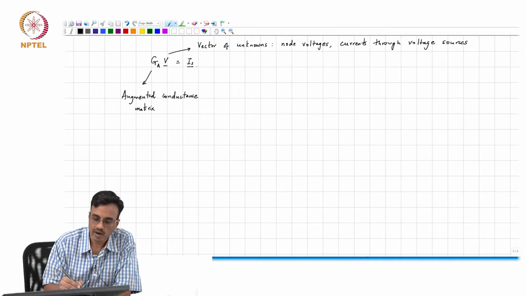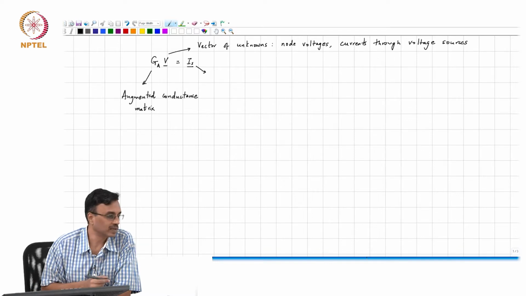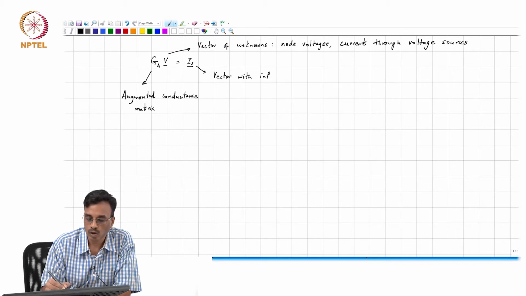And likewise, this I S is basically a vector with information on all the independent sources.